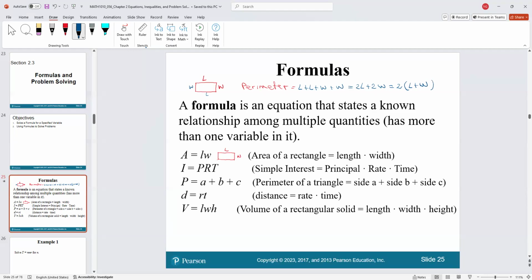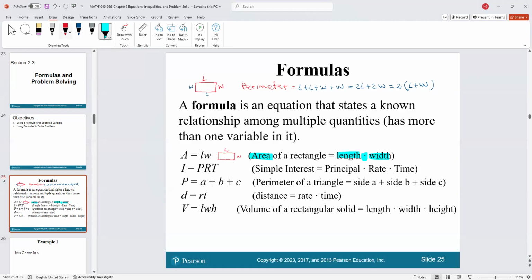The same way, we can be given the perimeter and one of the sides and be asked to find the other side. So for perimeter, we said that is 2 times the length plus 2 times the width. But the area of a rectangle is length times the width. So remember, the times in the middle, you multiply them.